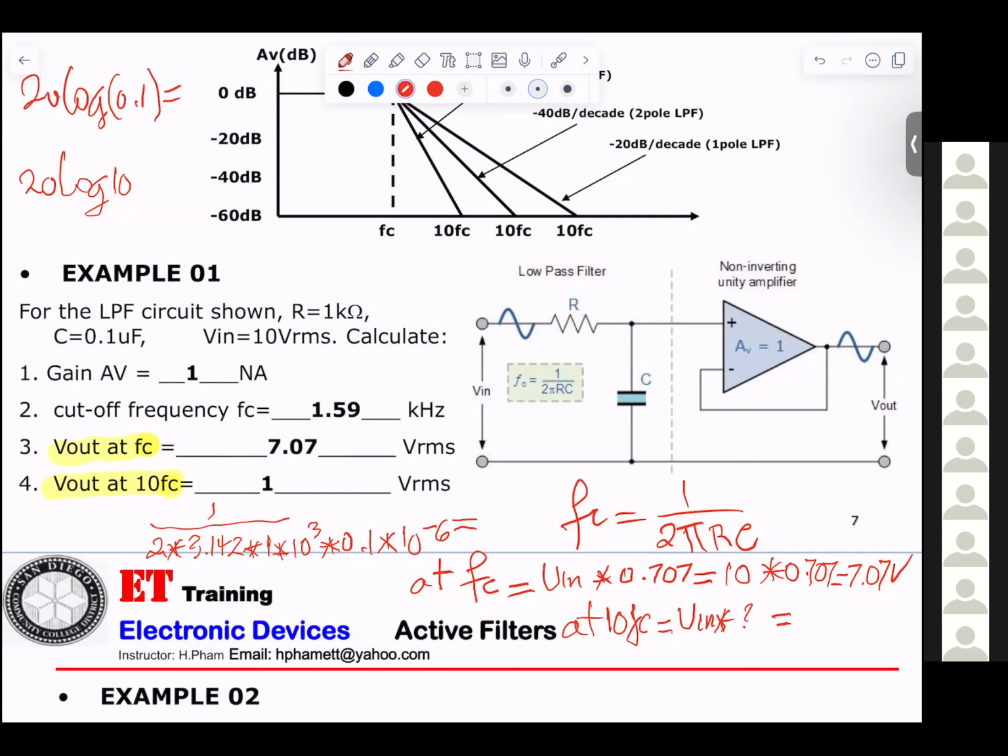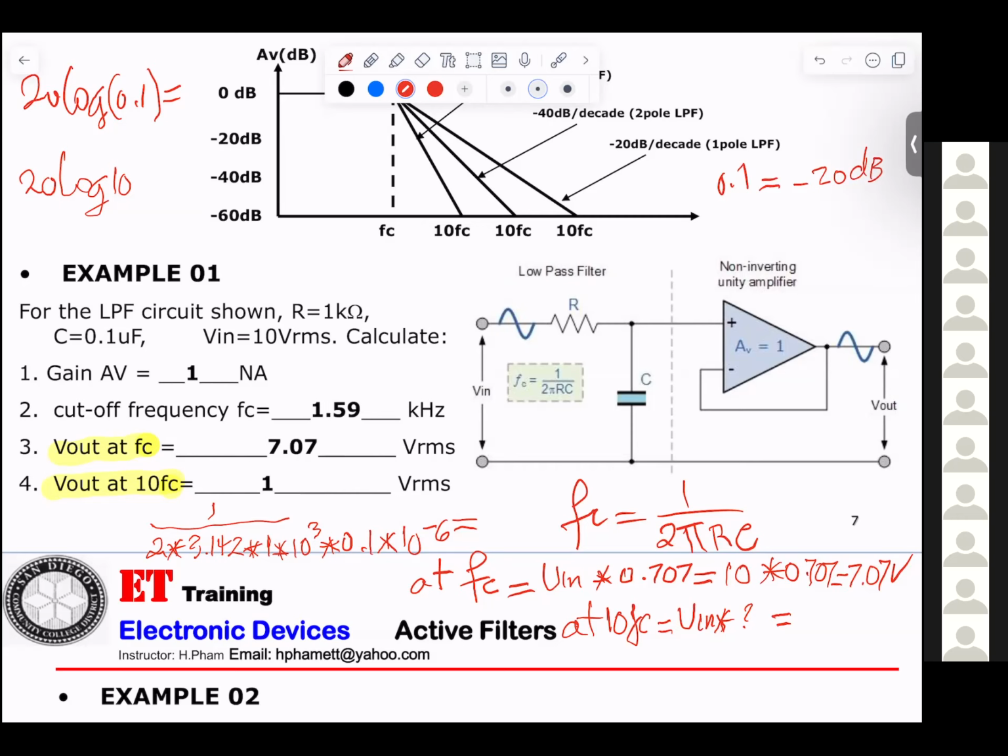Yeah, it's negative 20. 0.1, and then you take the log, and you'll get a negative 1. And negative 1 times 20 is negative 20. So 0.1 is equivalent to minus 20 dB.